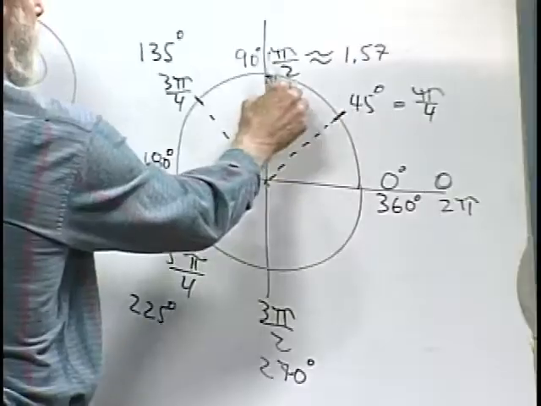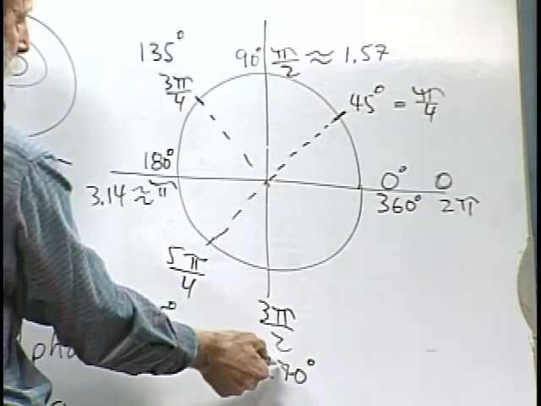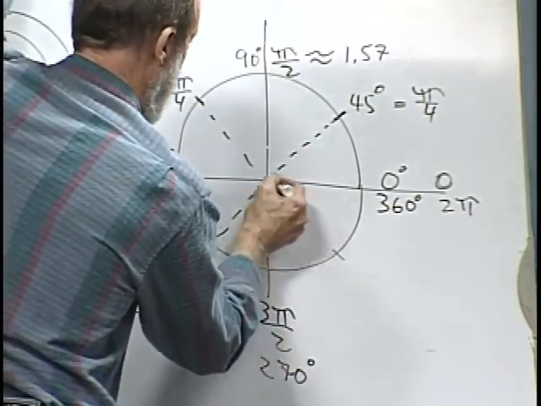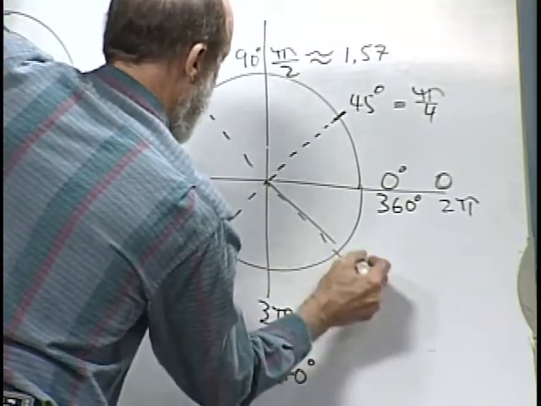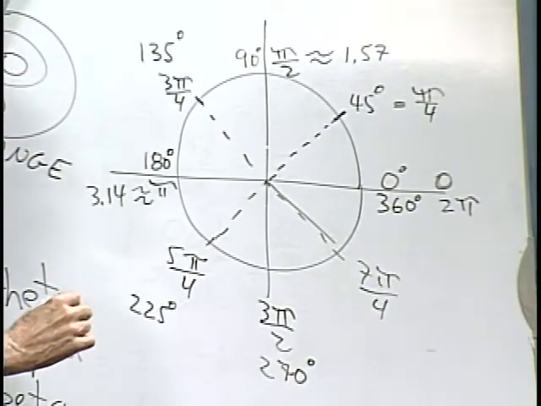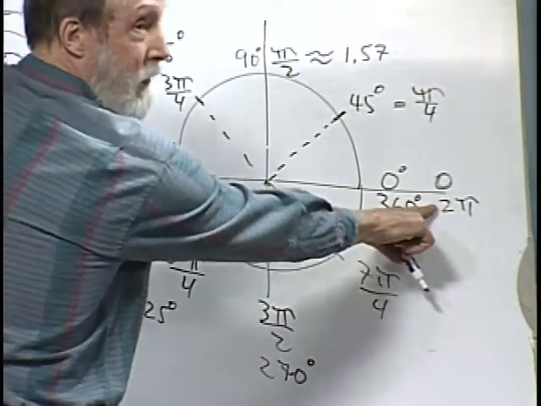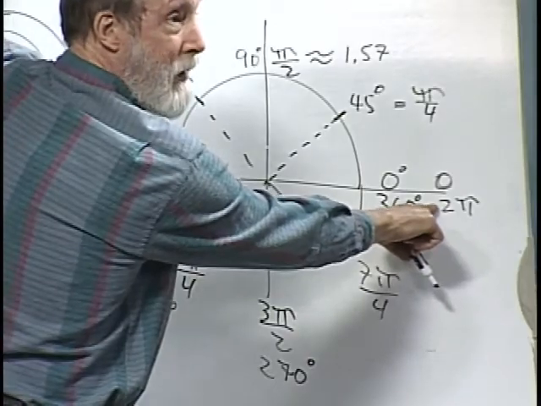Pi over 4, 2 pi over 4, 3 pi over 4, 4 pi over 4, 5 pi over 4, 6 pi over 4. Here we are, 7 pi over 4. 8 pi over 4 reduces back to 2 pi.